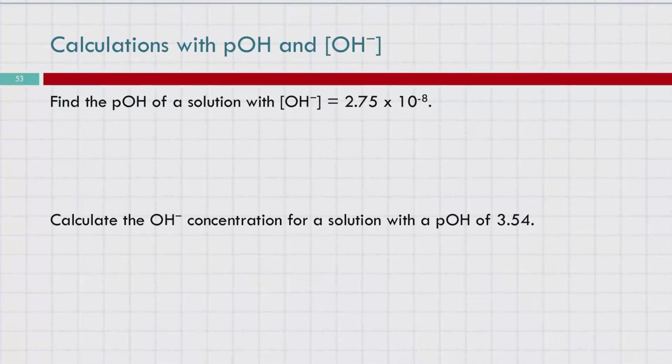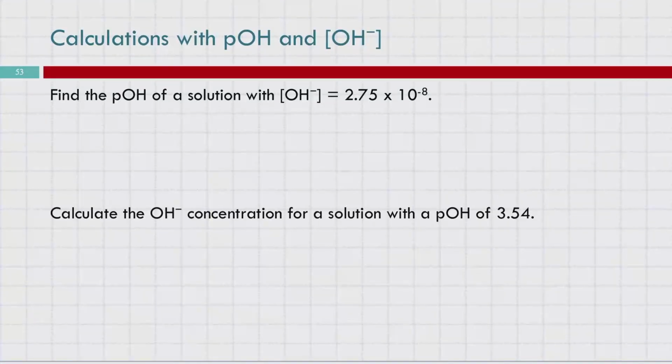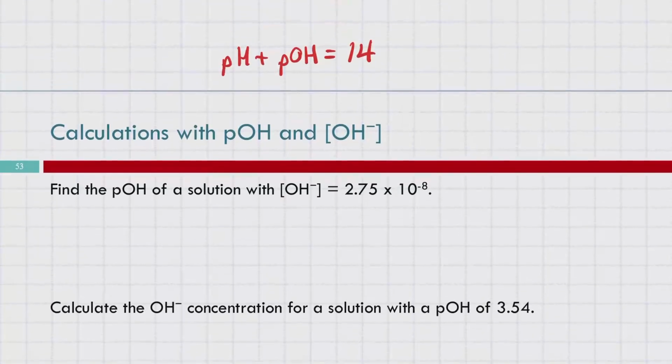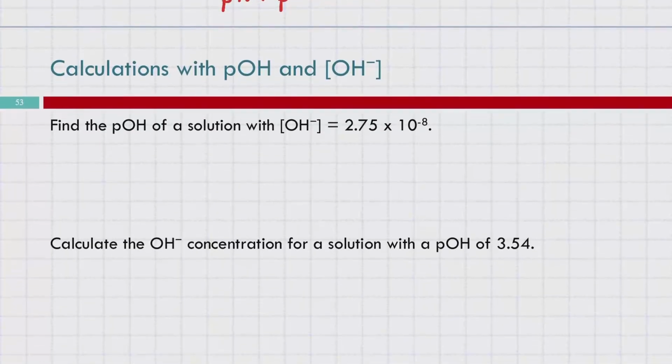Okay, let's find some pOH values. We want to find the pOH of a solution with a hydroxide concentration. That's this number. pOH equals negative log hydroxide concentration.